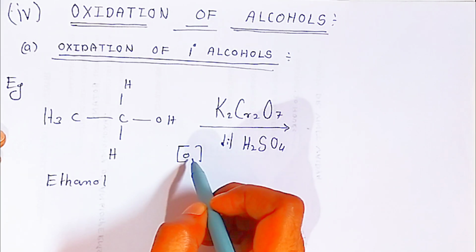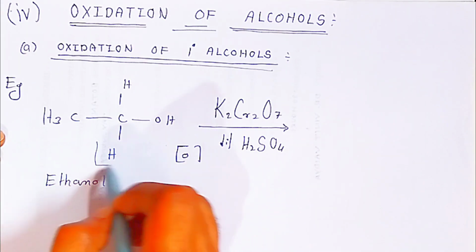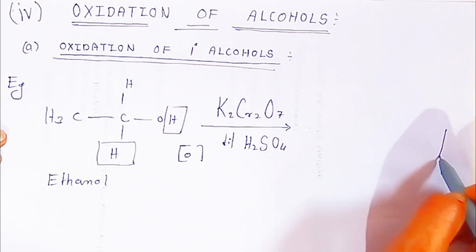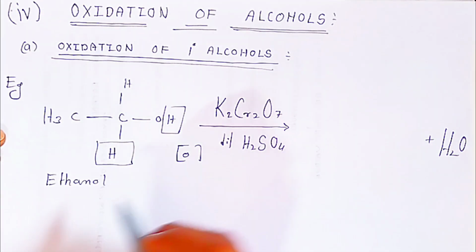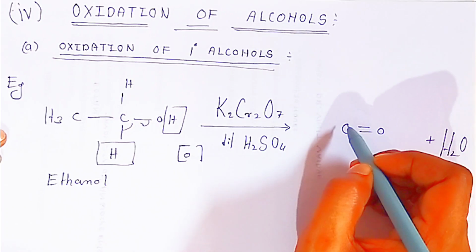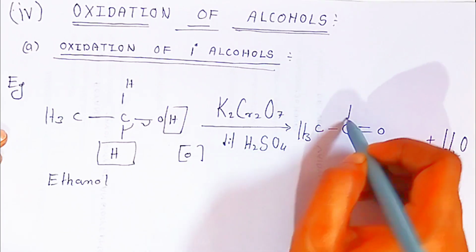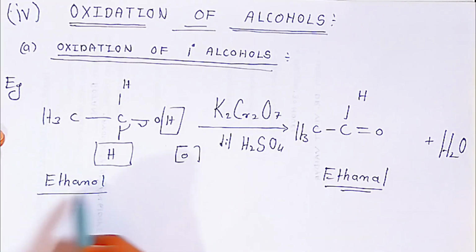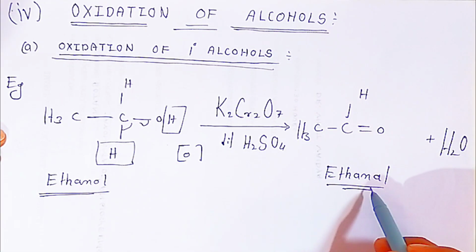This nascent oxygen is very reactive, students. It will remove the hydrogen like this, and there is a formation of water molecules. And what happens, students, a carbon-oxygen double bond forms, and your methyl group will be as it is. It is converted into ethanal. So students, ethanol on oxidation is converted into ethanal.